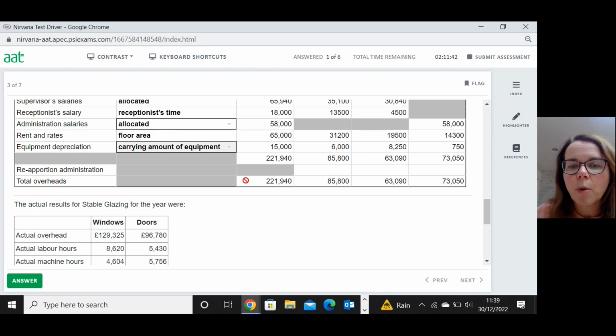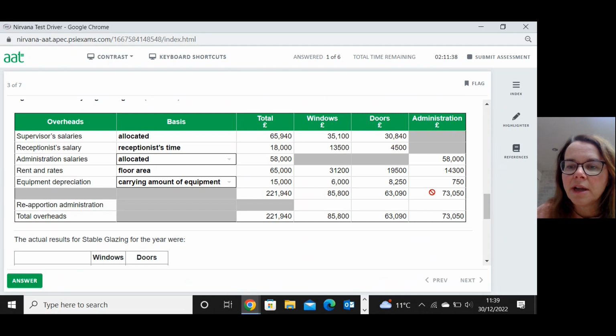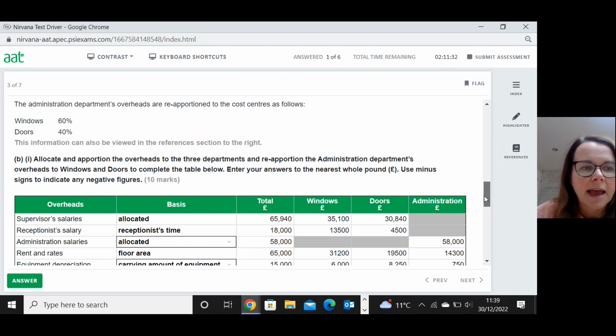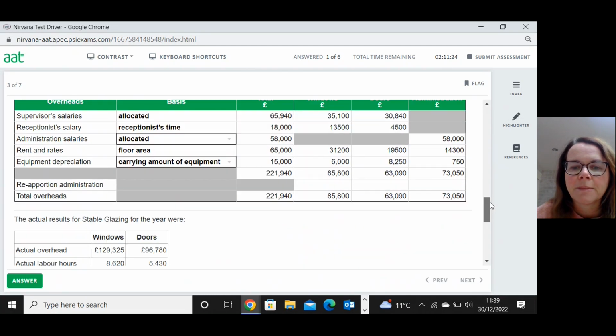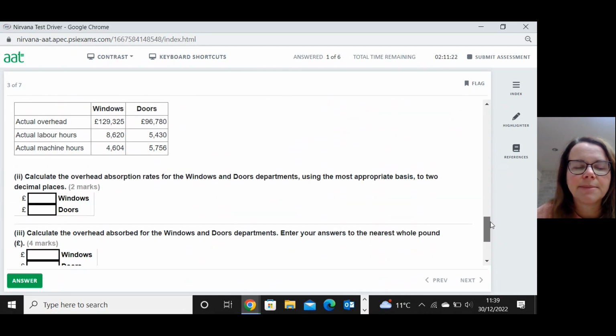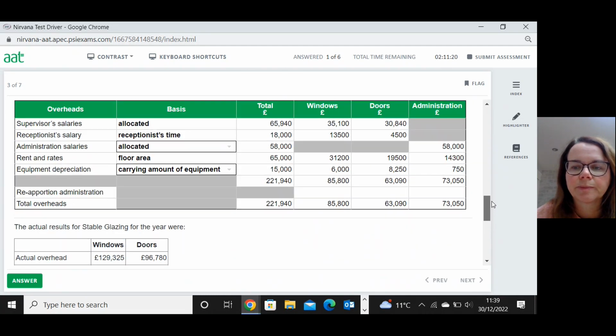We then come to reapportion the administration. So administration here, we've got 73,050. And we've been told that that's going to be reapportioned 60% to windows and 40% to doors. So we just simply work out 60% of 73,050.